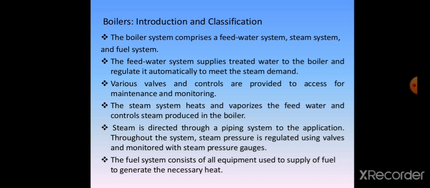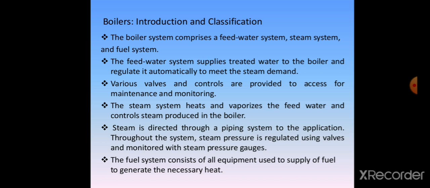Now the water supplied to the boiler shell is not normal water, it's DM water, that is demineralized water. Demineralized water means it has no impurity, not even any mineral content. So whenever this water is supplied to the boiler shell, it will get the heat from the burnt fuel inside the shell, and after getting the heat it will be converted into steam.